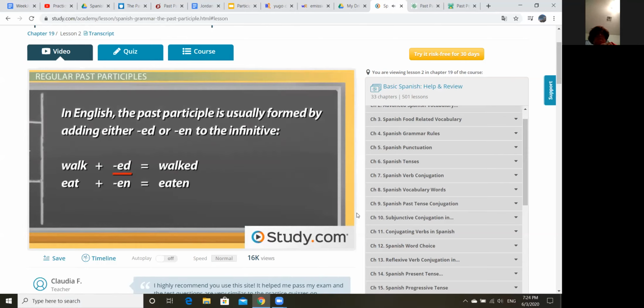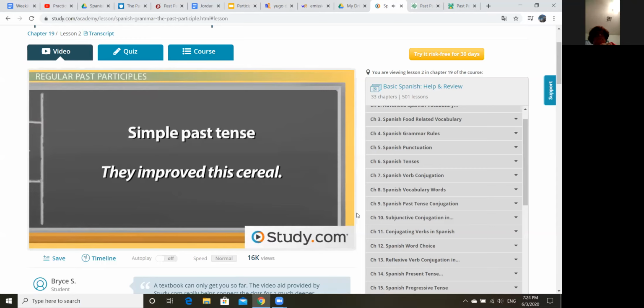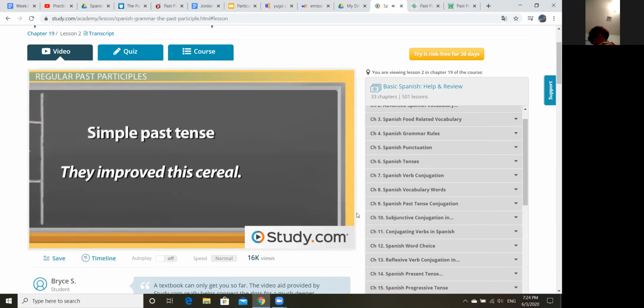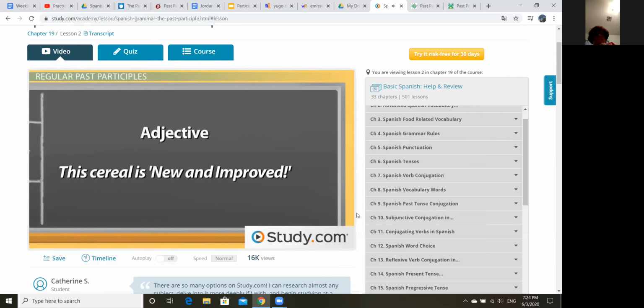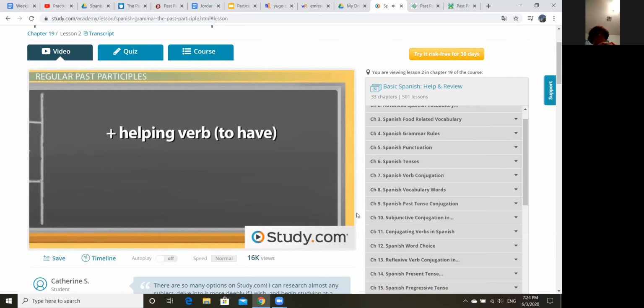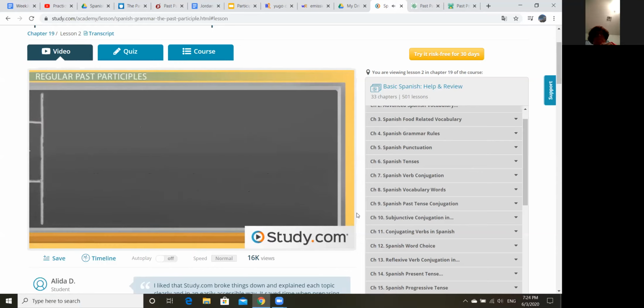However, you can always tell them apart by how they are being used. If it is being used as a standalone verb, as in they improved this cereal, it is the simple past tense. If it is being used as an adjective, this cereal is new and improved. Or if it is being used with the helping verb to have, they have improved this cereal. It is the past participle.